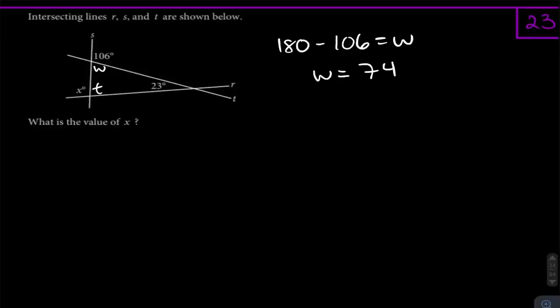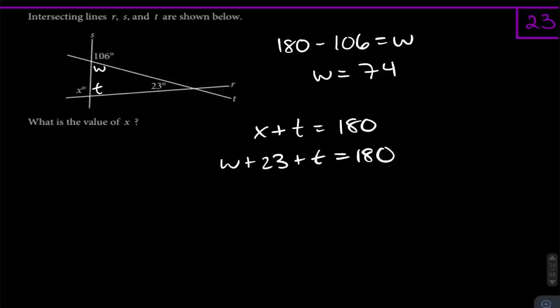We know X, and we'll call this thing T. X plus T is going to be 180, and also W plus 23 plus T is going to be 180, right? And so X is going to have to equal W plus 23, and so that's X equaling the sum of these two angles.